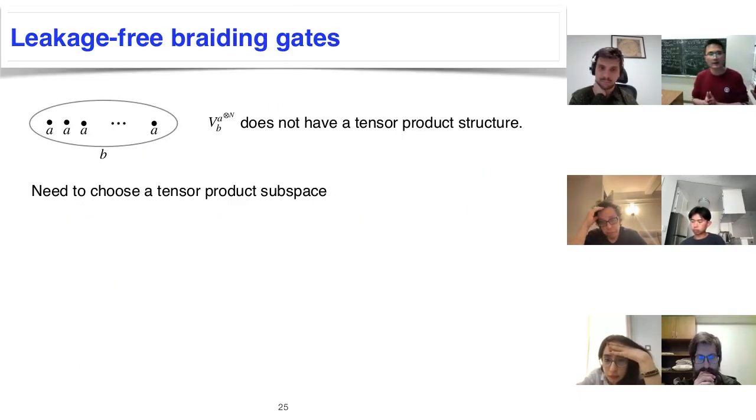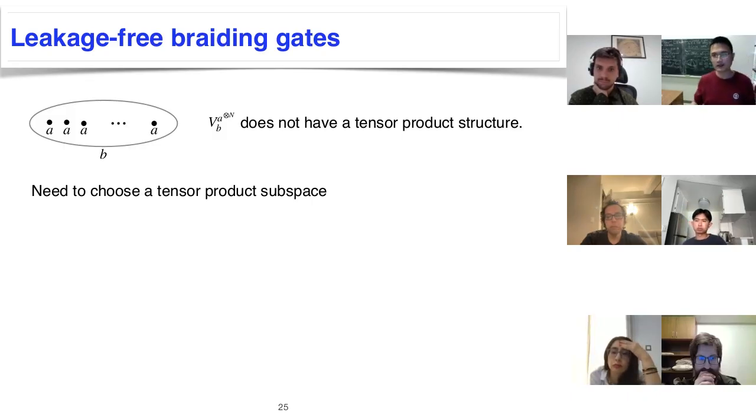Okay, another problem I want to address is the so-called existence of leakage-free braiding gates. In general, in TQC, the qubit is the state space of multiple anyons, but this state space in general lacks a tensor product structure. It's like in the standard quantum circuit model, we have the tensor product of qubits, but in TQC, usually such a structure does not exist.